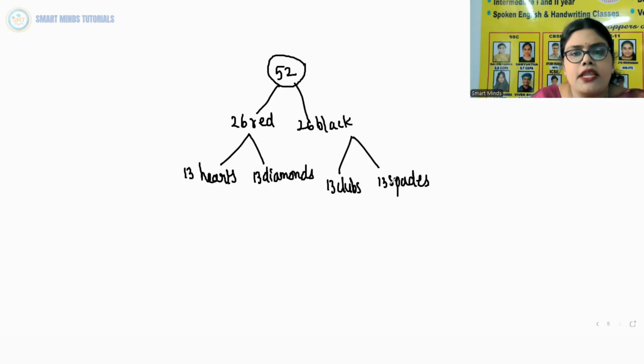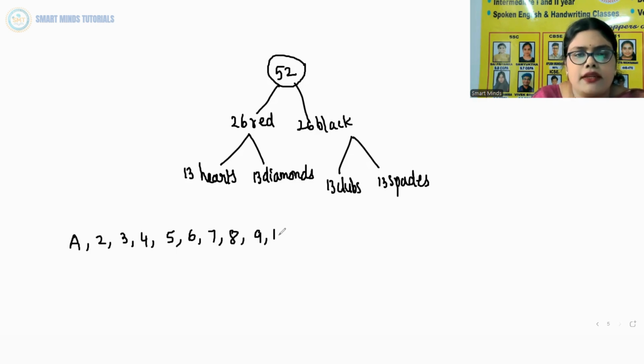In each design, you have 13 cards. Those 13 cards are A, 2, 3, 4, 5, 6, 7, 8, 9, 10, Jack, Queen, King. Jack, Queen, King are face cards.